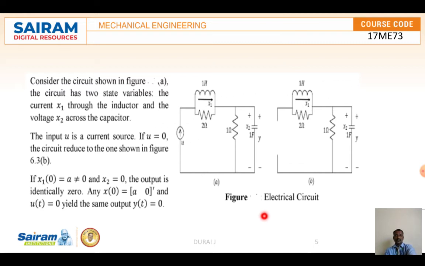If u is equal to 0, the input is 0, then the circuit reduces as shown in the figure. With x1 not equal to 0 and x2 equal to 0, the output is identically 0. So the initial state with u of t equal to 0 yields the same output y of t equal to 0.